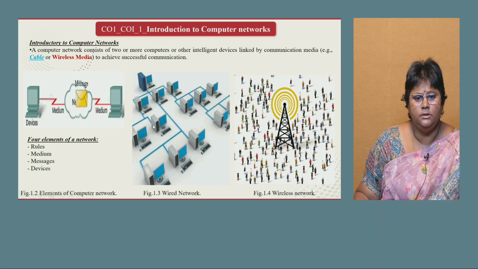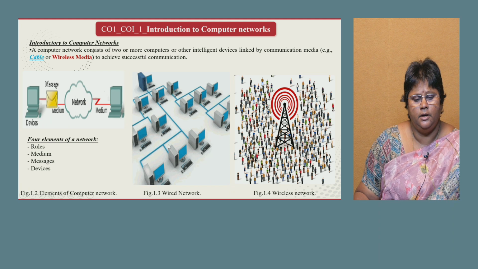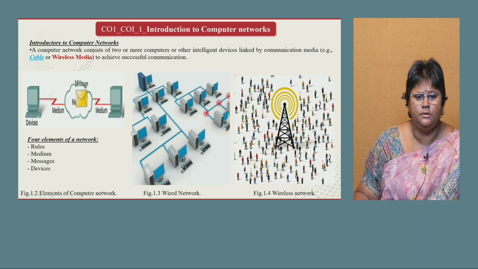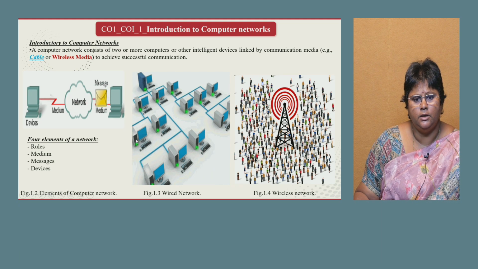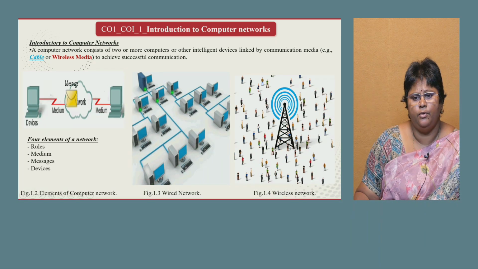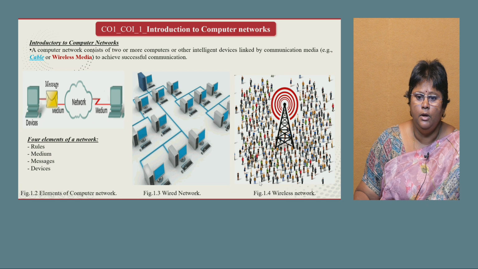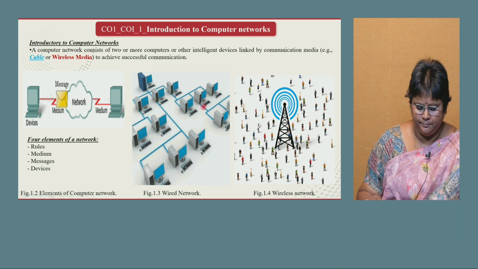A wired network is connected through an Ethernet cable, as seen in laboratories, schools, colleges and offices. Your cell phone communication, which you already know, is a wireless network, where we use electromagnetic signals to communicate.